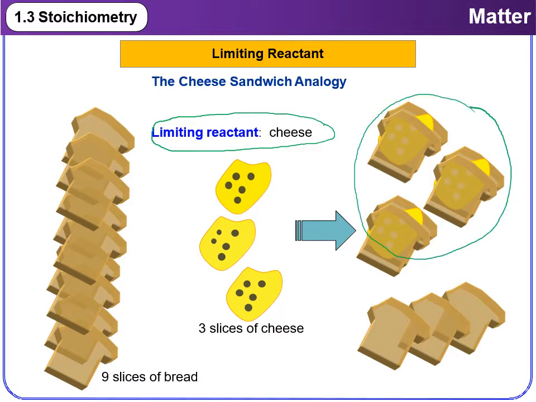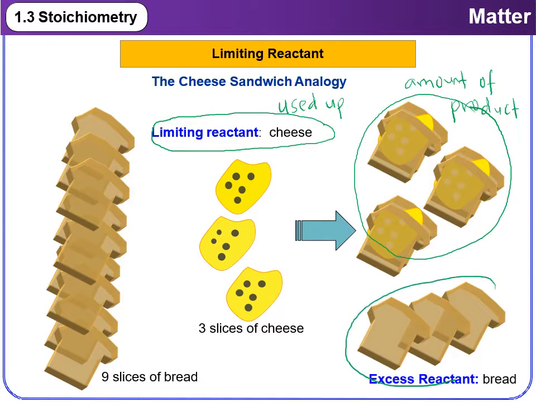So again, when we apply the definition of limiting reactant, we notice that cheese is used up and it determines the amount of product. These are the 2 keywords that are important for the definition of limiting reactant. While bread will be the excess reactant.